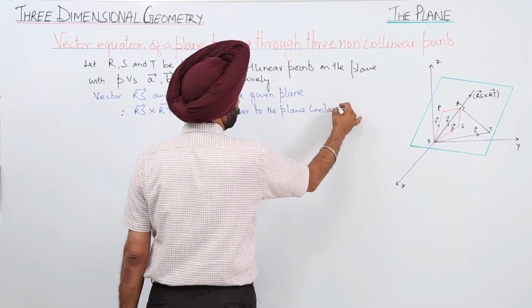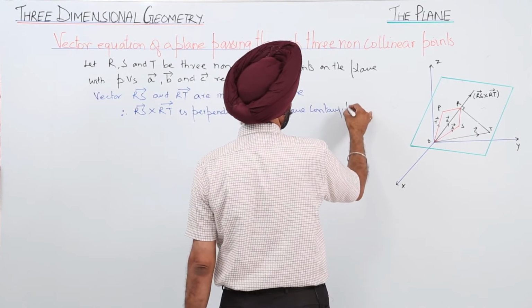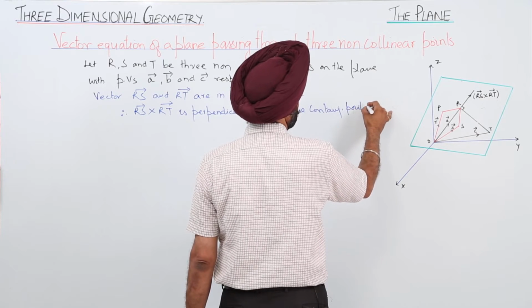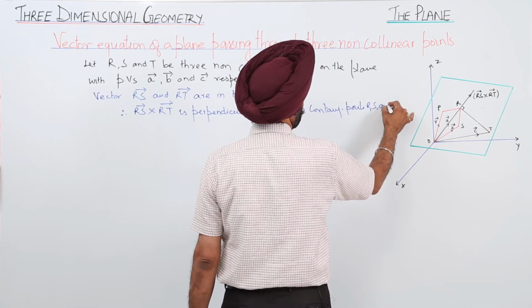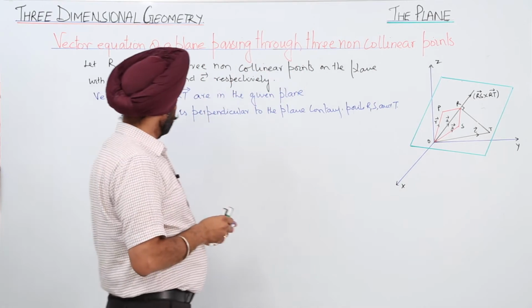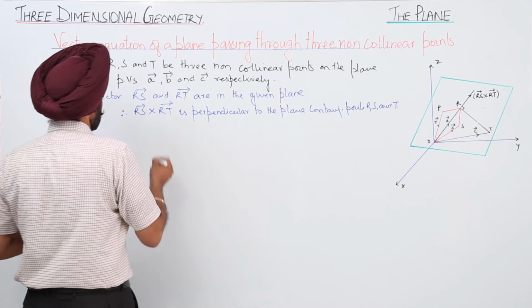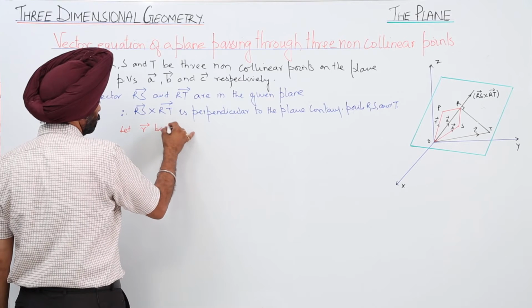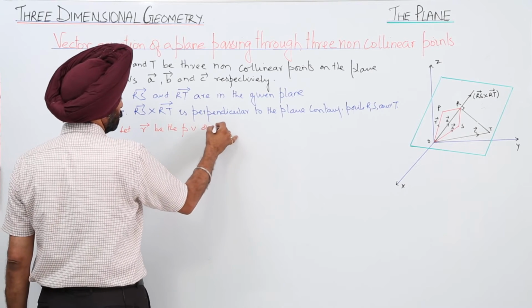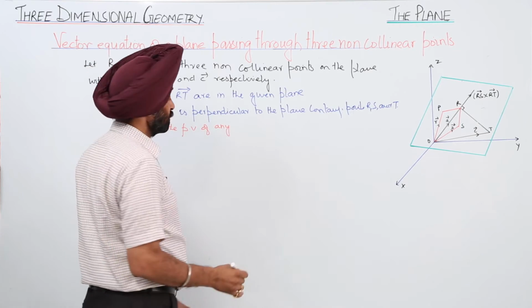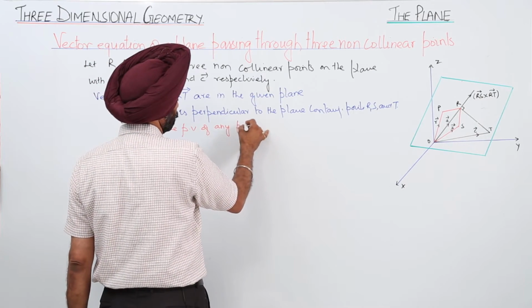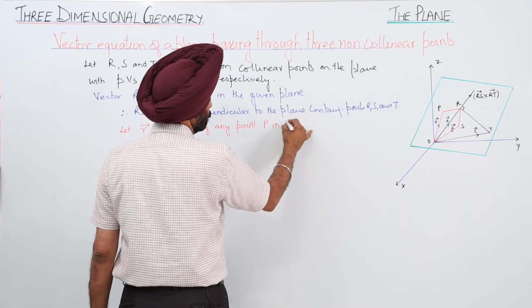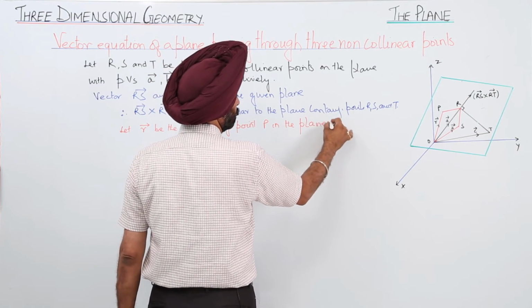containing points R, S and T. Now let vector R be the position vector of any point P in the plane.